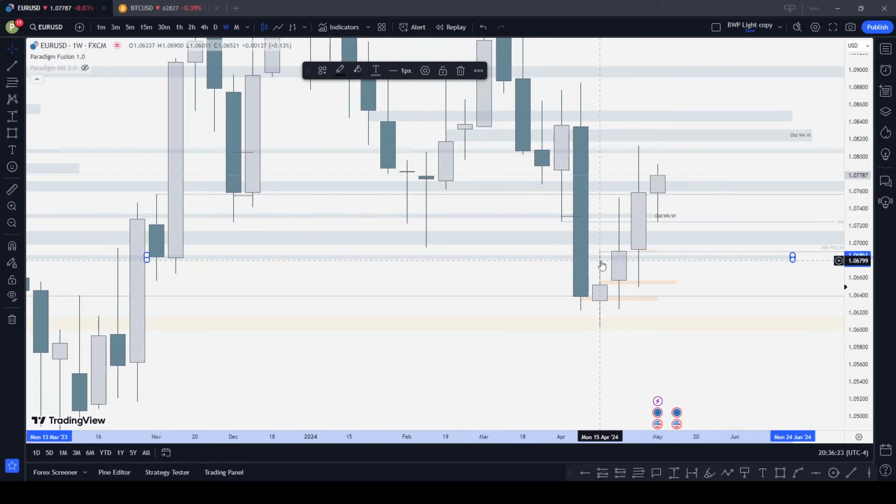So above here, you are going to be looking for a short, rather. So if you went short here, let's say you hold it to the end of the week and you close it, that is decent. Or you could have even just targeted this new week opening gap here that just formed, or hold it to the following week, because now at the end of that week you see that price has closed above this one, and we know that there is a 75% probability that the following week will get a return to it.